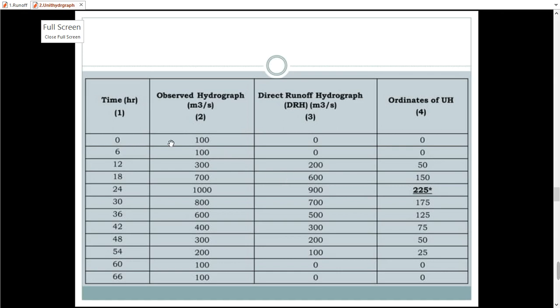The first 100 plus 100 is 200, then 300 plus 100 plus base flow is 600. Okay, you understand?